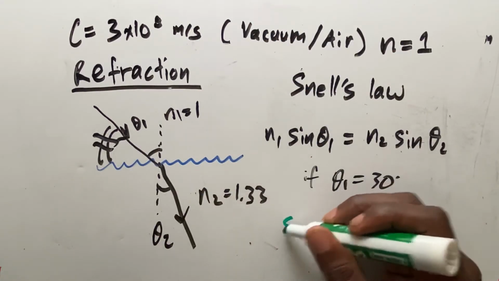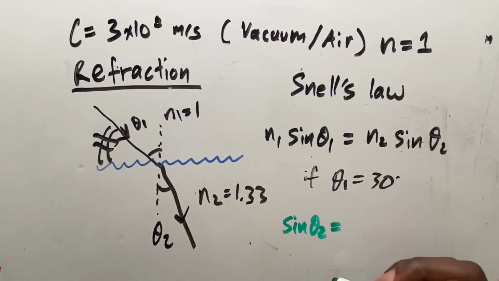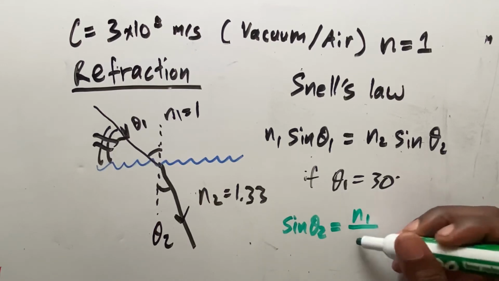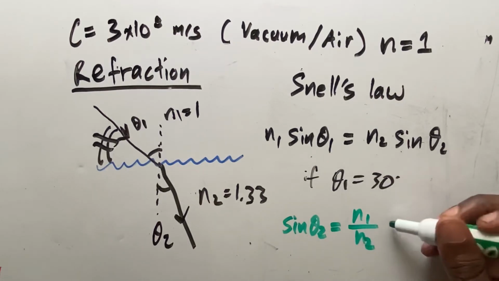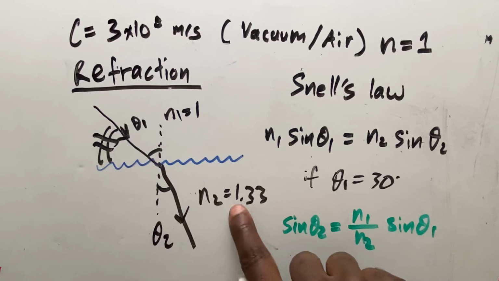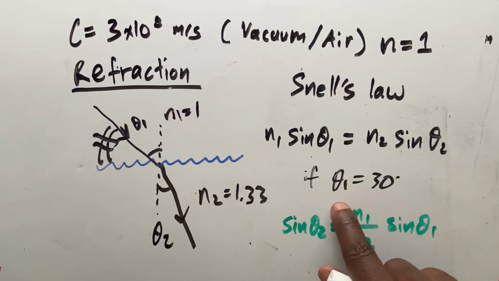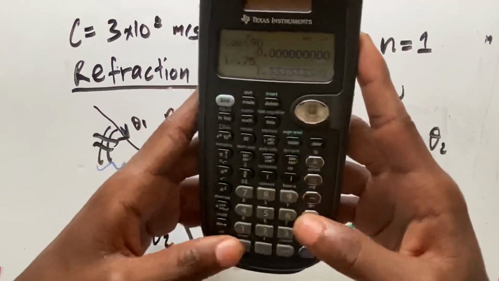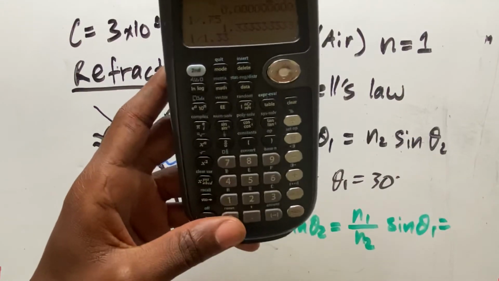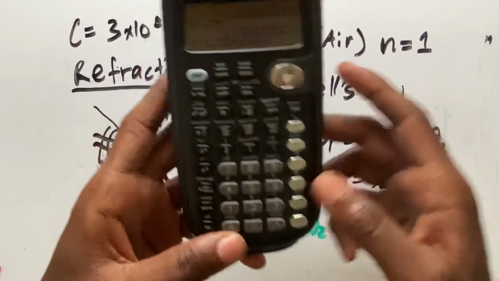So now we know sine theta 2 equals N1 over N2 times sine theta 1. Well, N1 is just 1, N2 is 1.33, and theta 1 is 30. So put all that in the calculator: 1 over 1.33 times sine 30.